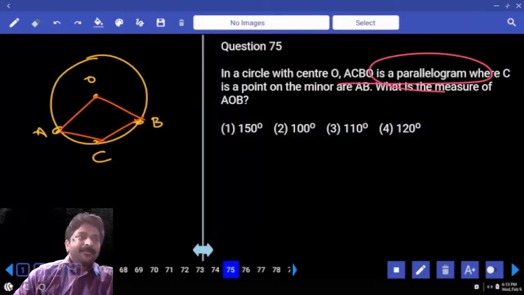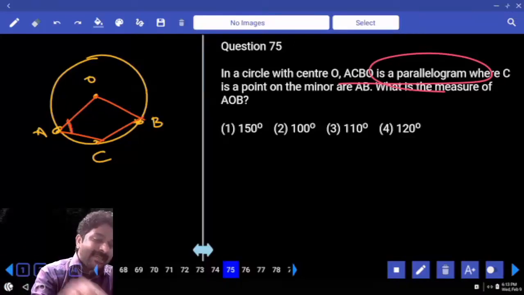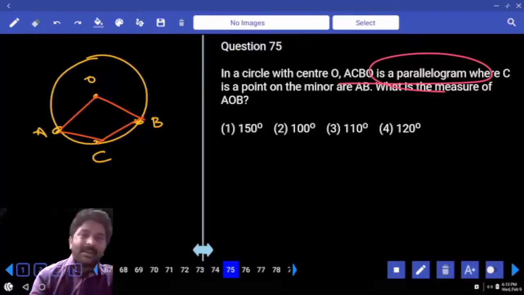Parallelogram means opposite angles must be same. That means angle at A must be equal to angle at B, and angle at C must be equal to angle at O. Okay? Right. Now look.